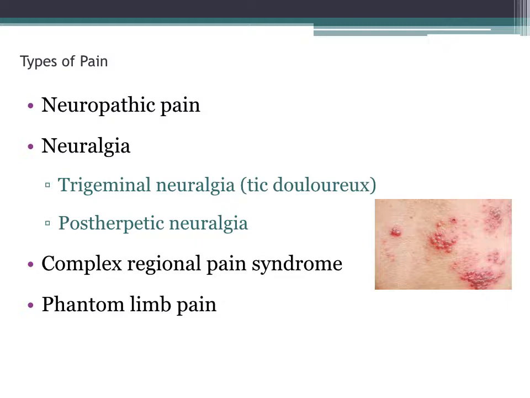Basically, what happens after we have chickenpox is the virus decides to live down in one of our nerves, and it stays down in that nerve unless our immune system becomes weakened and can't keep it under control. So as we age, our immune system naturally becomes more weakened, and so people tend to have more instances of shingles as they age than when they're younger.